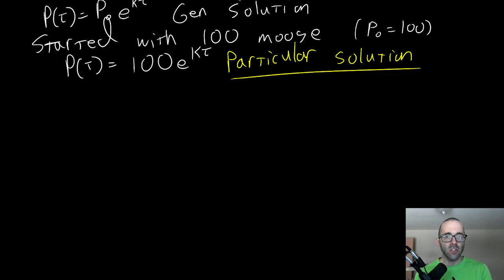Because now that initial condition is more firm, right? We know exactly the situation that we're talking about. We know all population growth with this model will look like this. This is the general solution to that initial value problem. That's what the particular solution is going to look like.